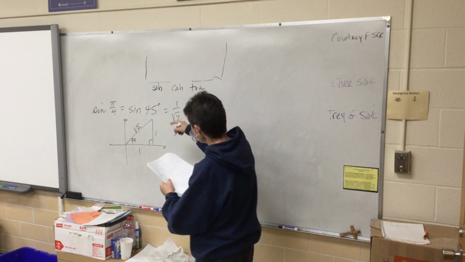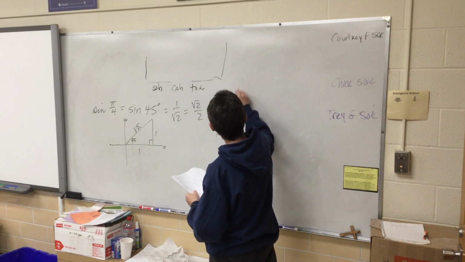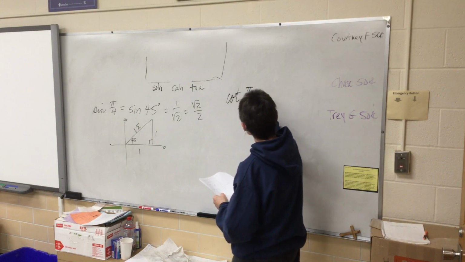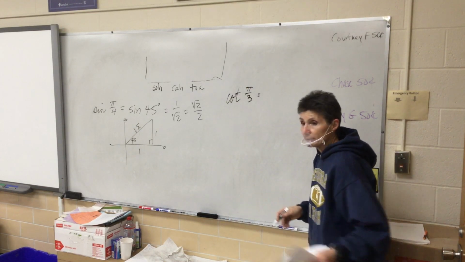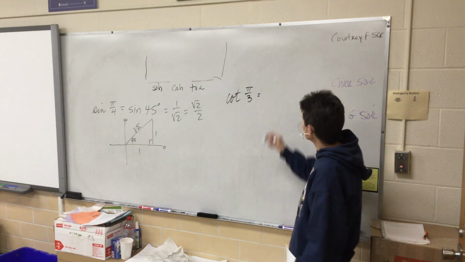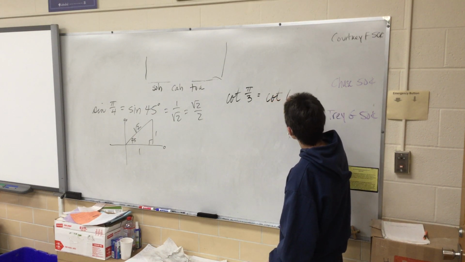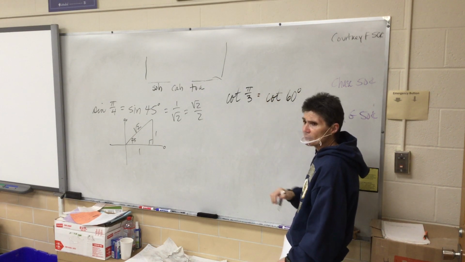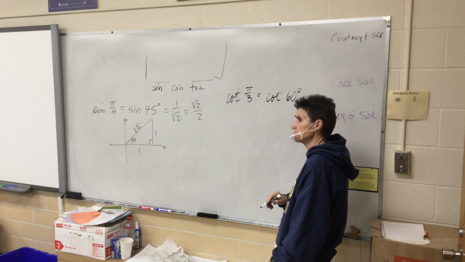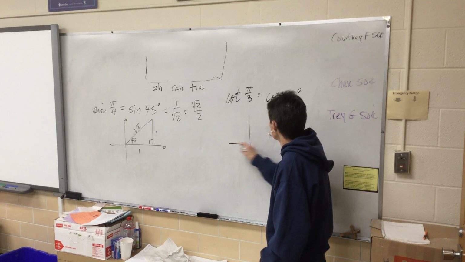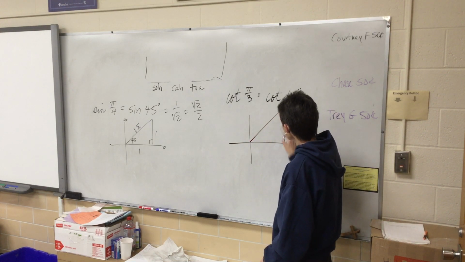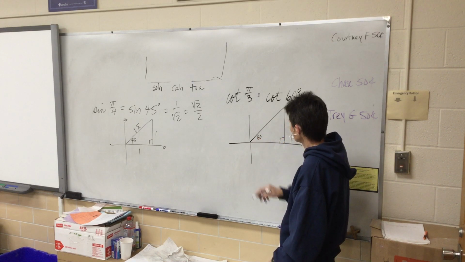7, same thing we just did, only this is cotangent pi over 3. Okay? What's pi over 3? 60. 180 divided by 3. So here's my 60-degree angle.